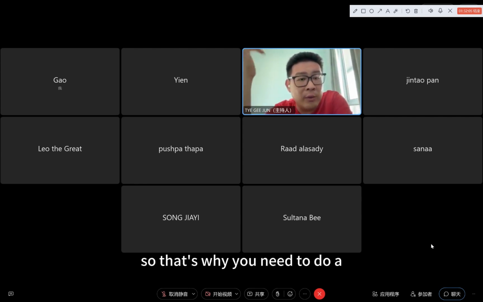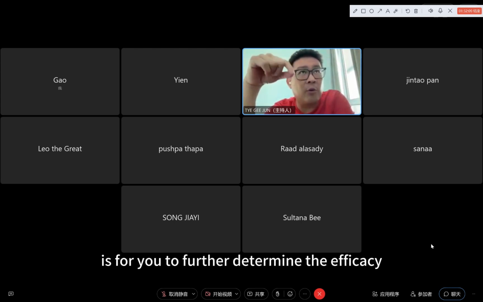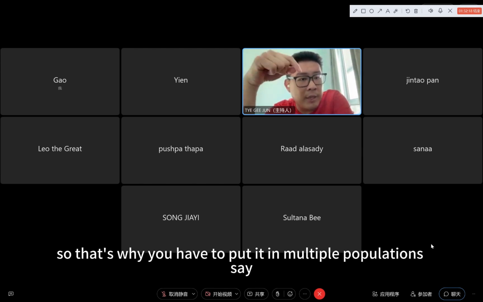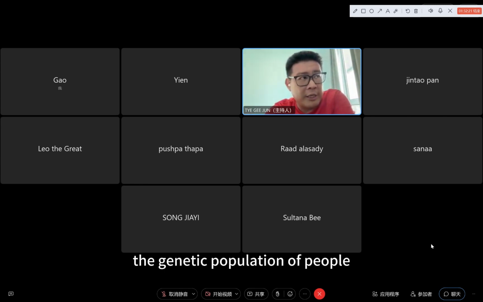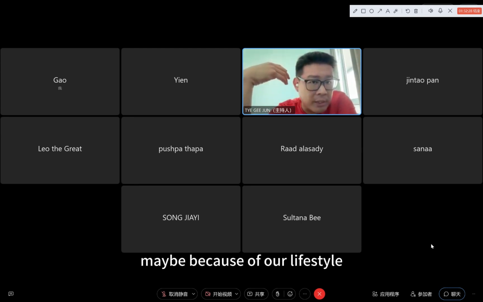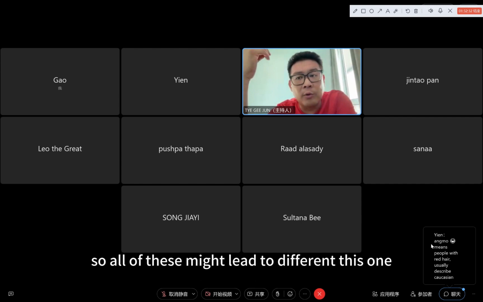Don't forget, phase 3 is for you to further determine the efficacy as well as to find any other possible side effects. Say, for example, the genetic population of people in the US might be different from the one in Malaysia. Maybe because of our lifestyle, maybe because of the genetic pool.